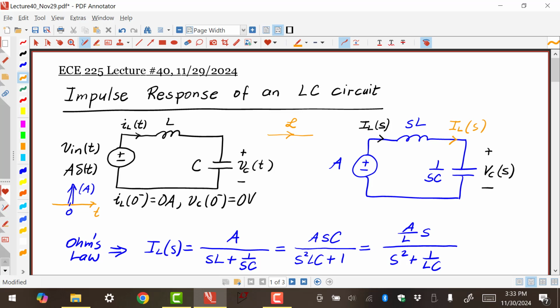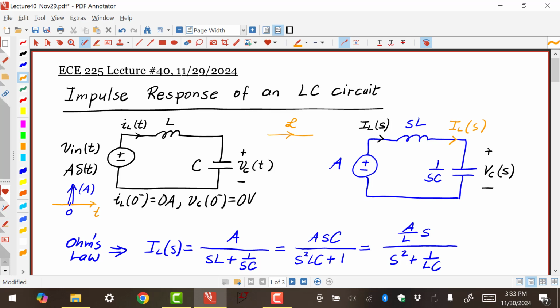So all it does is literally kick the circuit and go away. And then the LC circuit oscillates. Energy is going back and forth between the inductor and the capacitor, but it never dissipates. There's no place for it to dissipate. There are no resistors. So it oscillates forever.